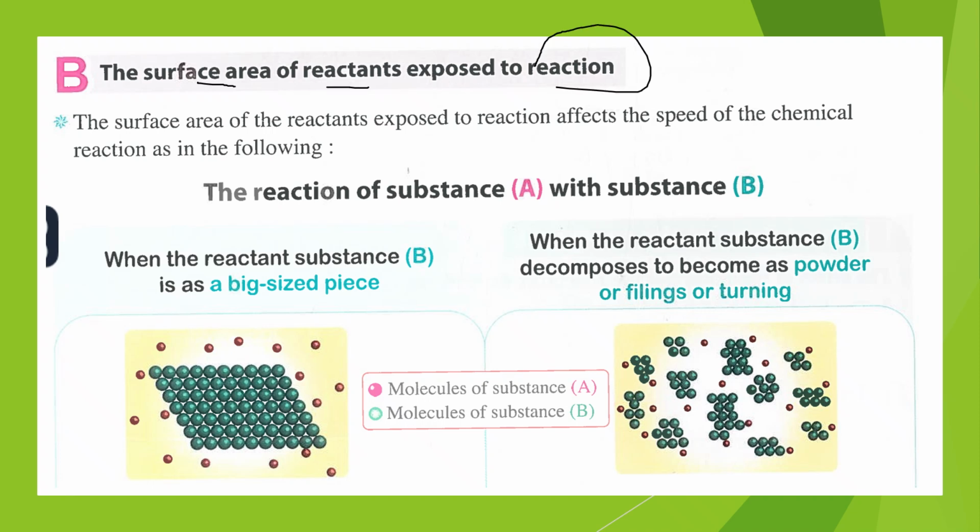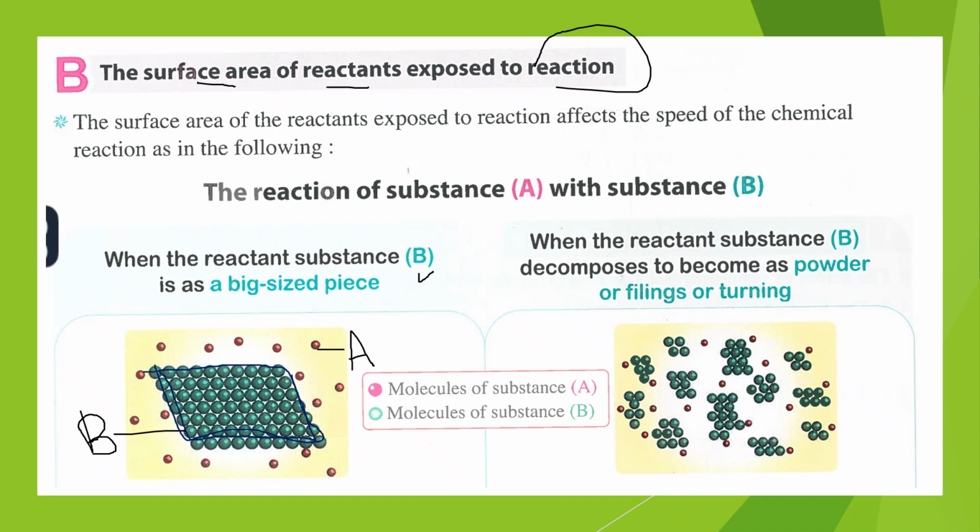I have a chemical reaction between A and B. These are the molecules of substance A, and these are the molecules of substance B. As we can see, the molecules of substance B are found in the form of a large piece. Only the outer surface of this large piece can react with substance A.